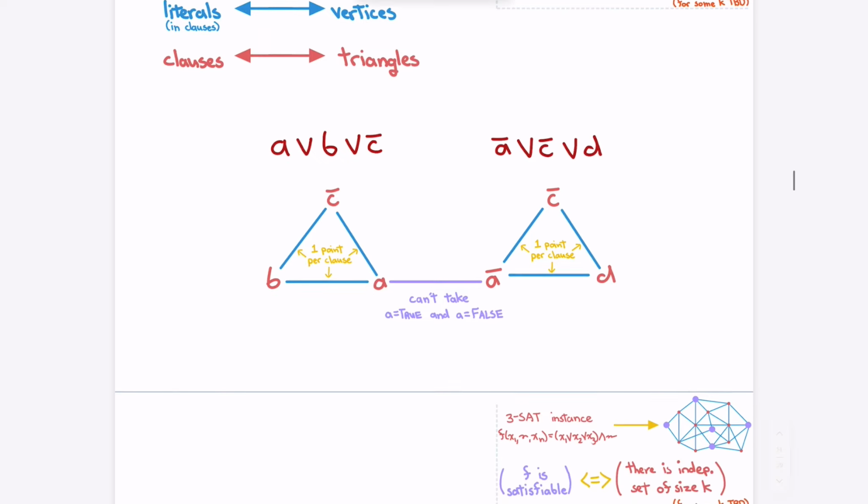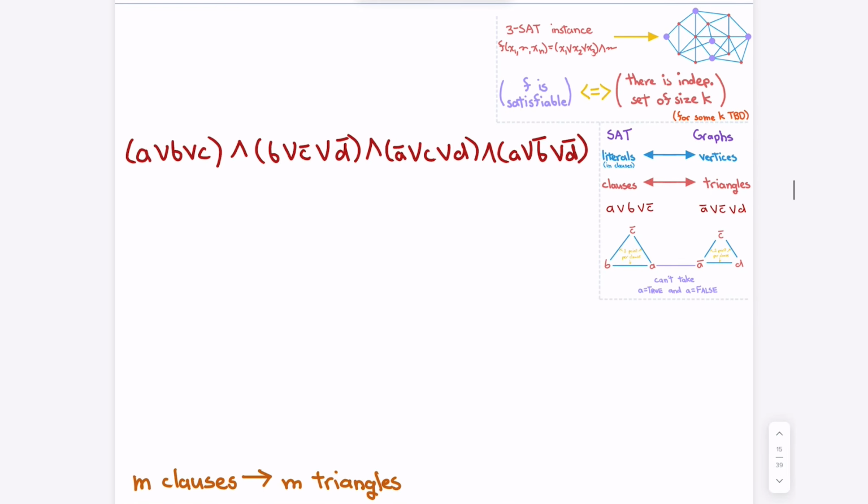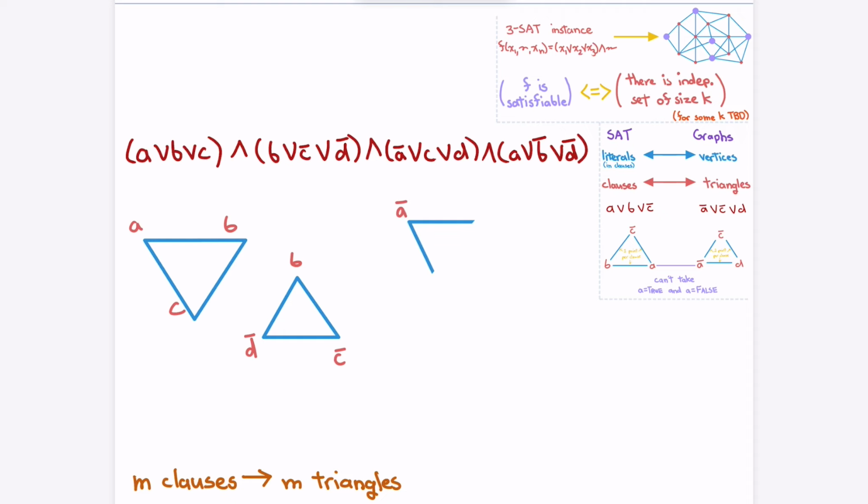A more involved one might look like this. So here's maybe four clauses. That's going to generate four triangles, like that one, or that one. Okay, something like this. So there's four triangles. Someday I'll learn how to properly animate things. So this is one triangle for each of the clauses.